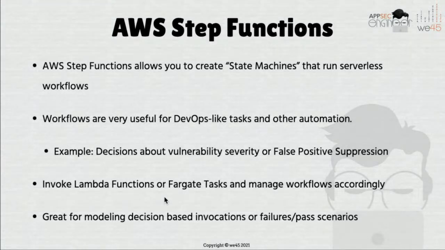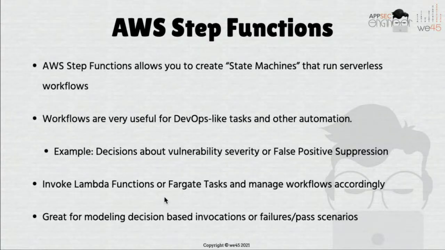These workflows are very useful in DevOps and for other automation as well. If you want to take decisions about the vulnerability severity or the false positive suppression, you can leverage this. Additionally, like I previously mentioned, you can also invoke Lambda functions or additional Fargate tasks to manage your workflow accordingly.